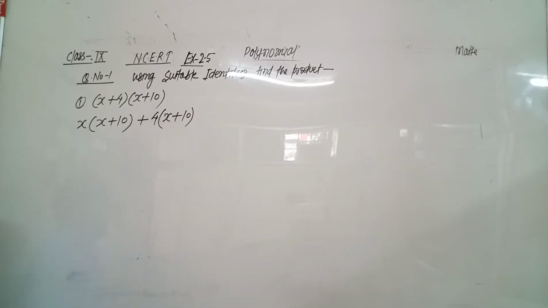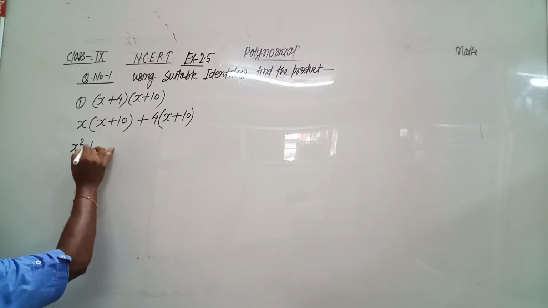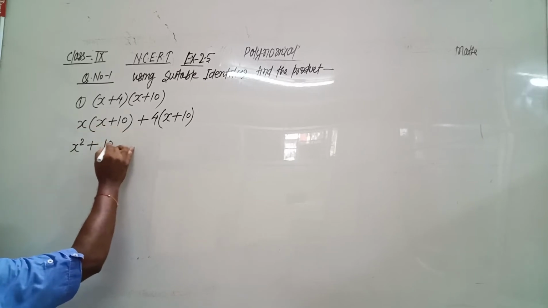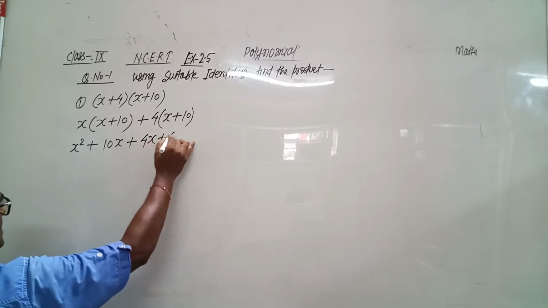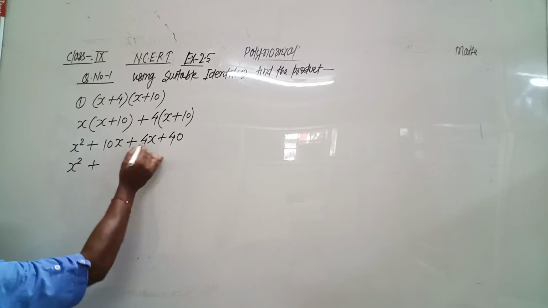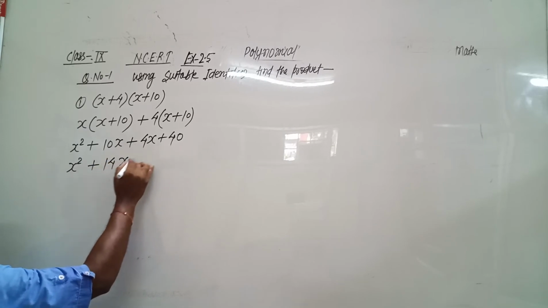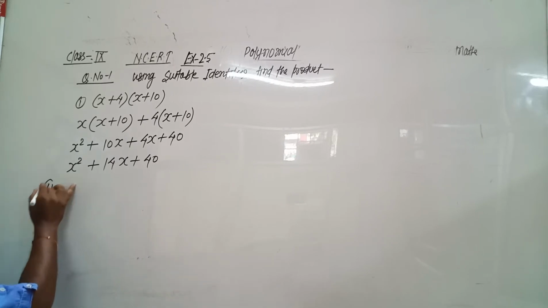Then we remove the bracket. So x multiplied by x, x square, plus x into 10, 10x, plus 4 into x, 4x, plus 4 into 10, 40. Then x square plus 10x plus 4x, 14x, and plus 40. This is the result.